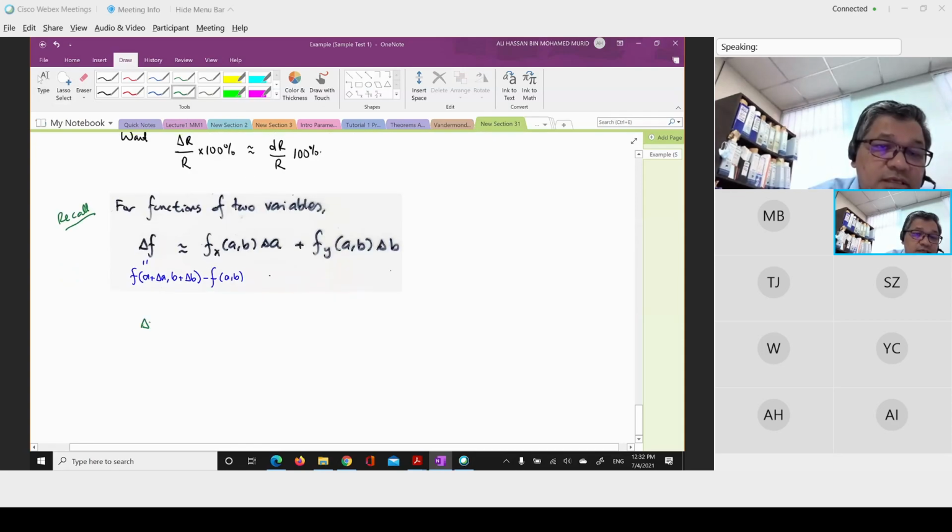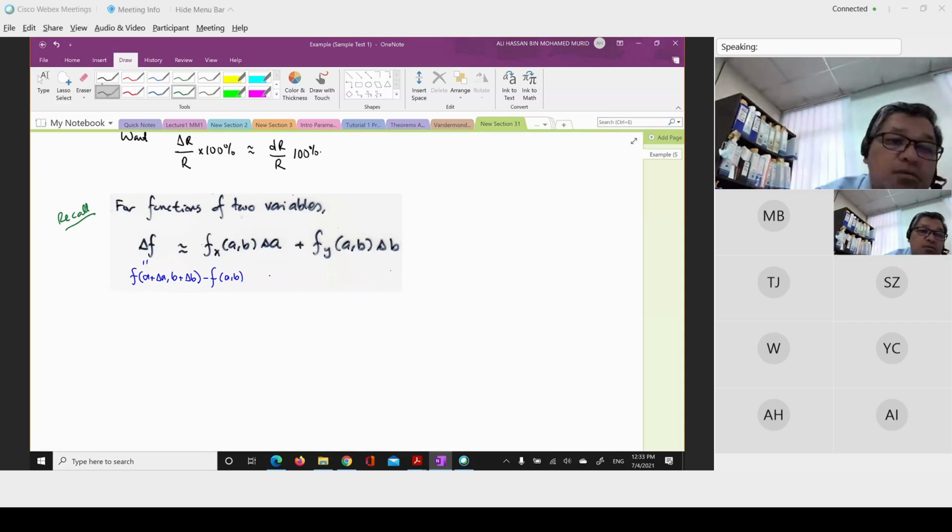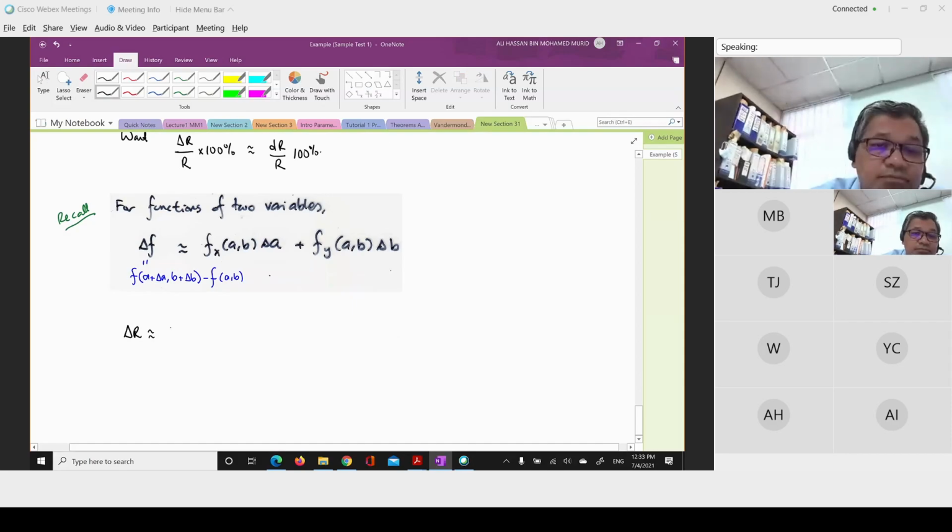So delta R is approximately equal to partial R over partial R1 times delta R1 plus partial R over partial R2 times delta R2. Okay?